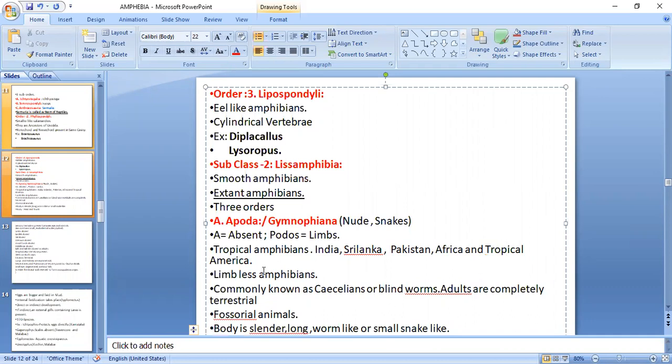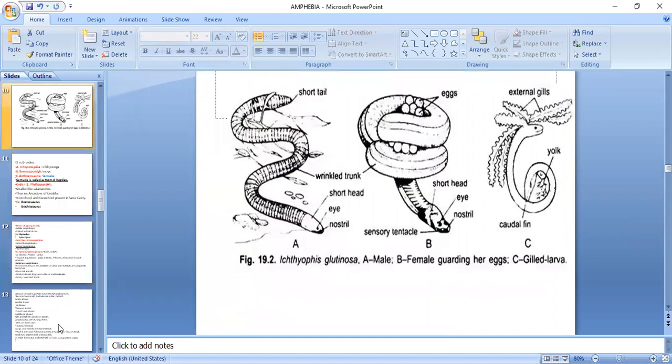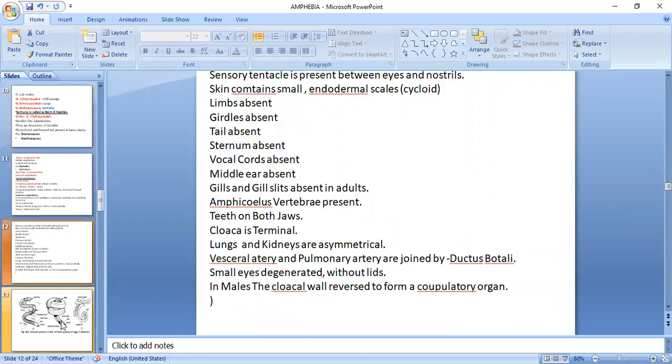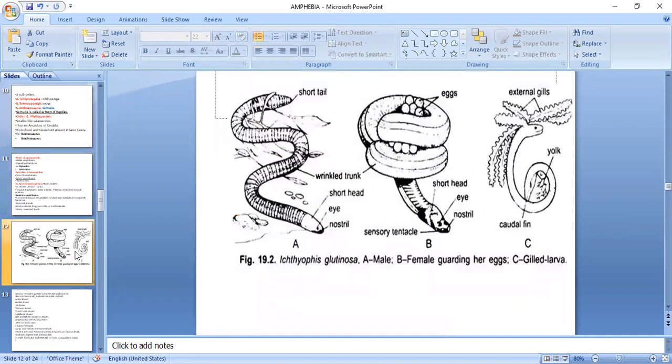These are limbless amphibians. These are the actual apodans. This is Ichthyophis glutinosa. This is male and this is female, which shows very much parental care. And this is the larva, which contains external gills.